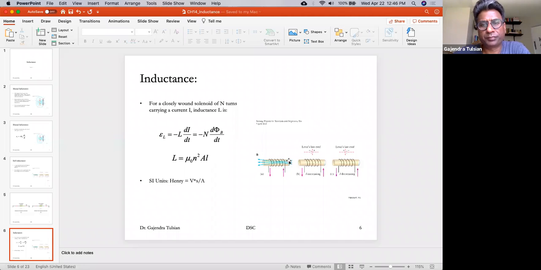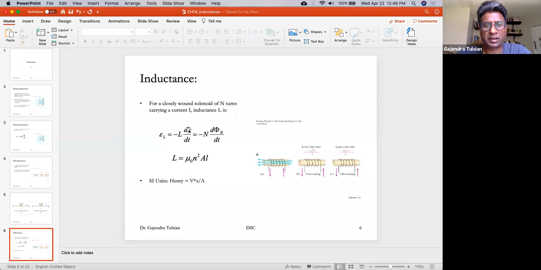All right, so now the self-inductance for a closely wound solenoid of N turns, the inductance can be given. So by the way, for a closely wound solenoid, if the current is increasing, this induced EMF is given by this expression.